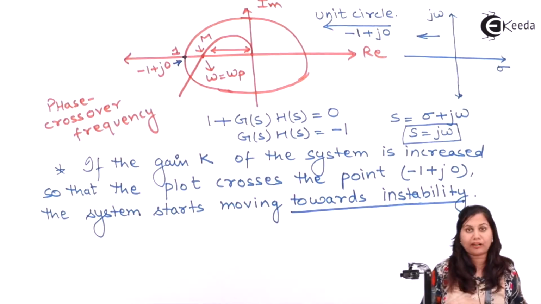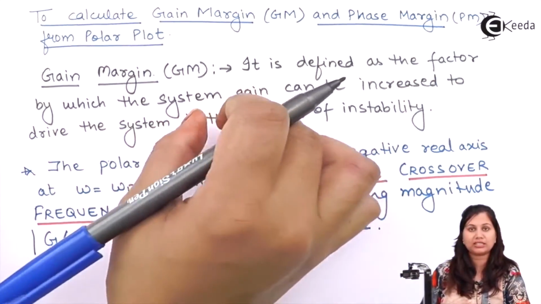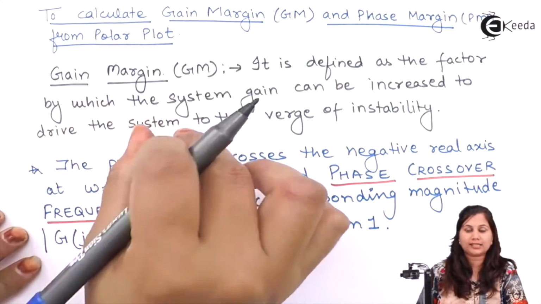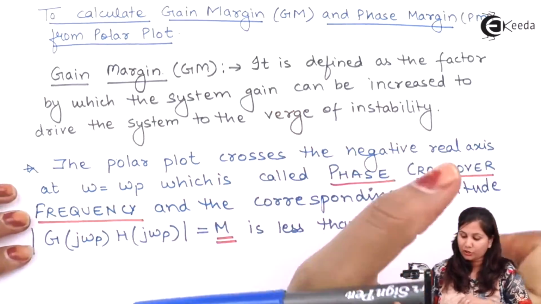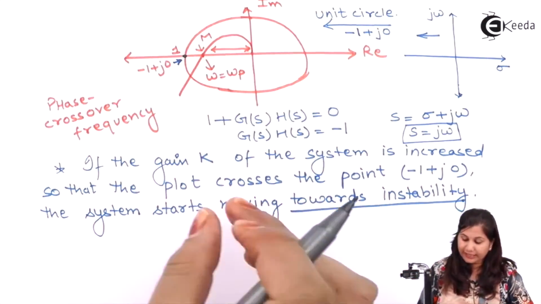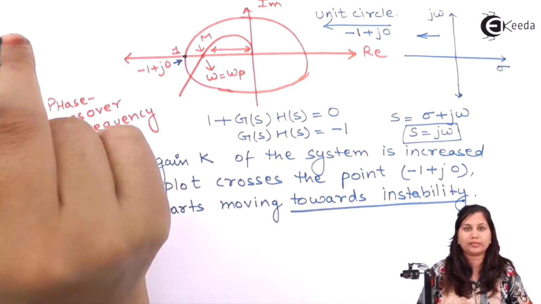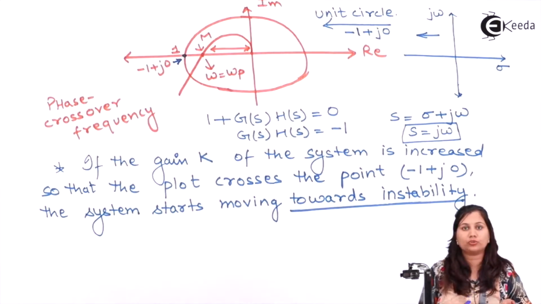So gain margin is the factor by which the system gain has to be increased to drive the system to the verge of instability. We increase the gain K so that this plot crosses the -1 plus j0 point and the system goes to the instability area.